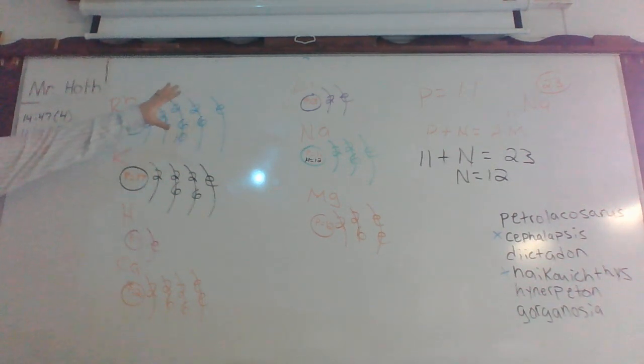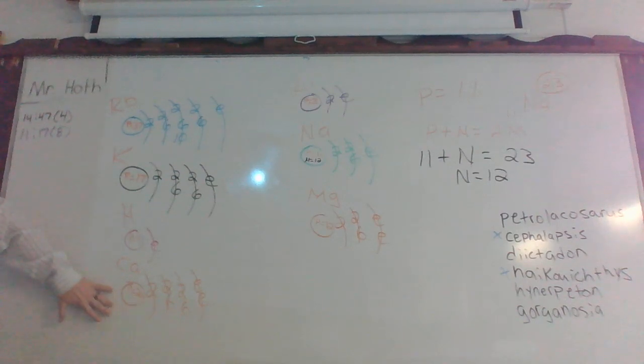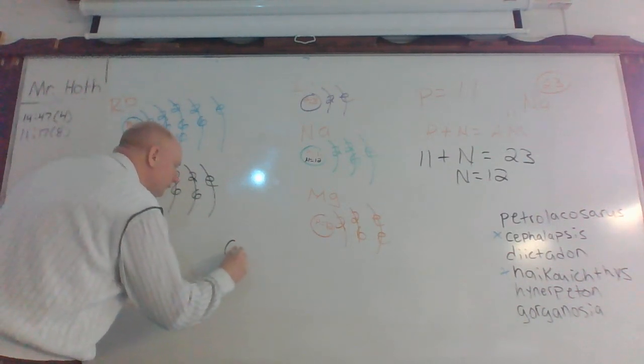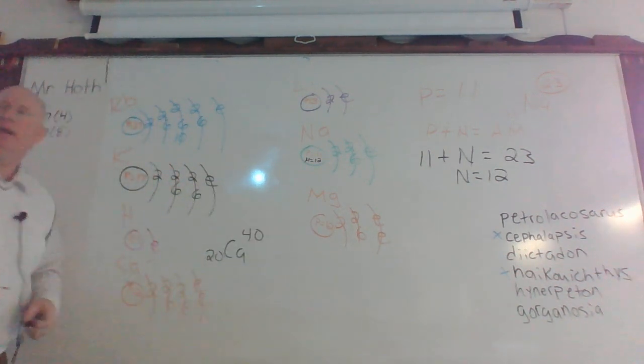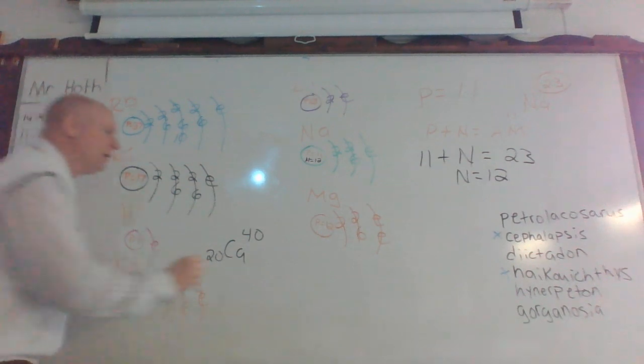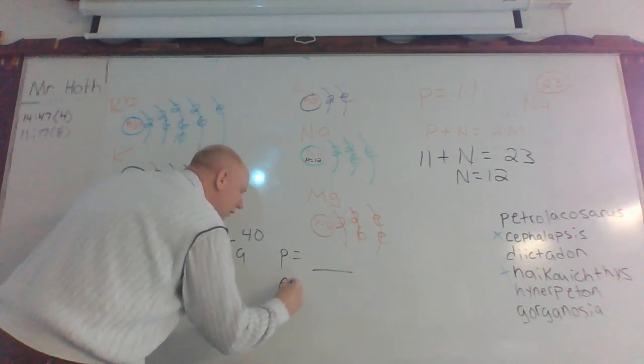So, now let's go ahead and pick something out of here. One of these, not hydrogen. The bottom one. Okay, so what I want you to do, tell me everything you know about this element.